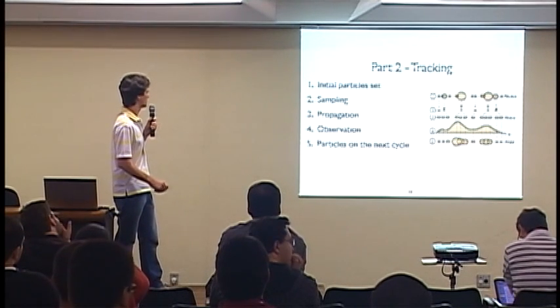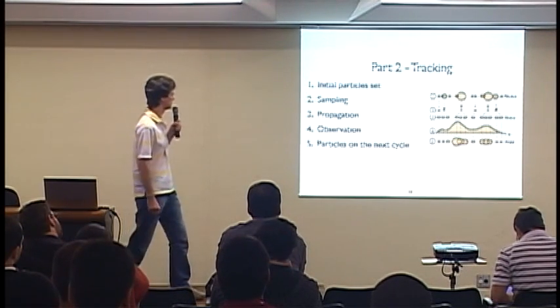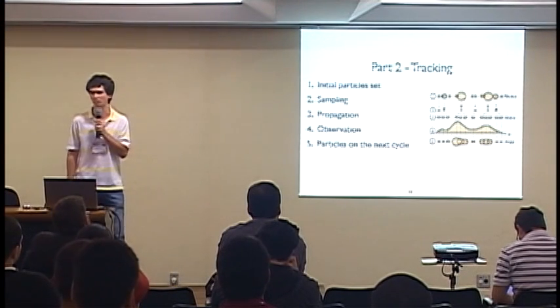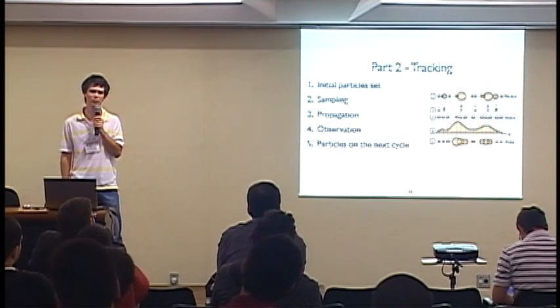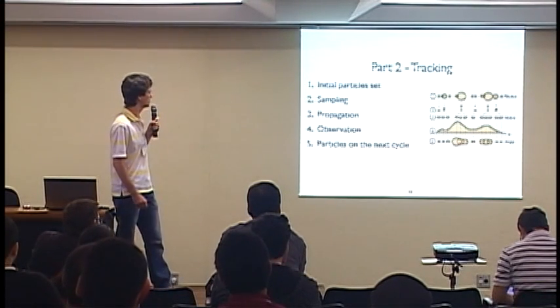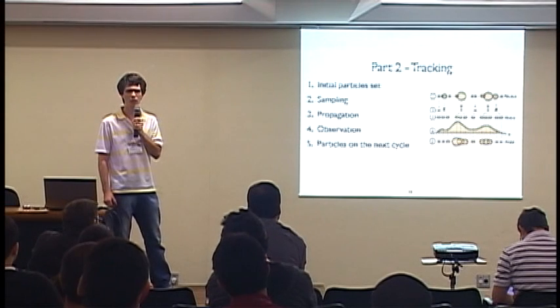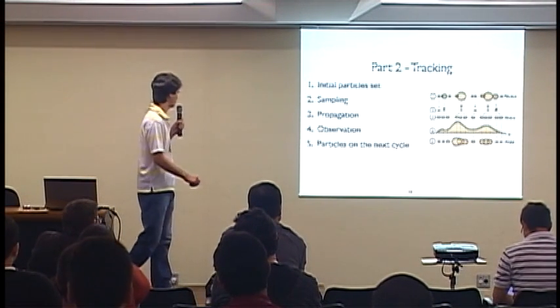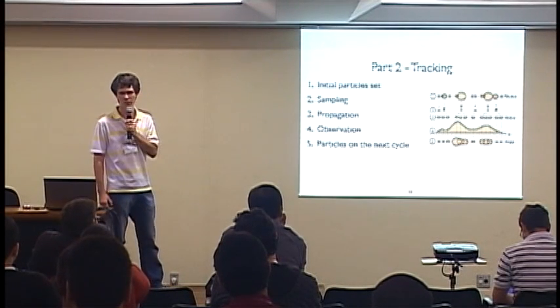In the third step, we make propagation. We introduce a small part of movement to make predictions, and introduce a little noise to make these particles different. So in step 4, we have the observation function.